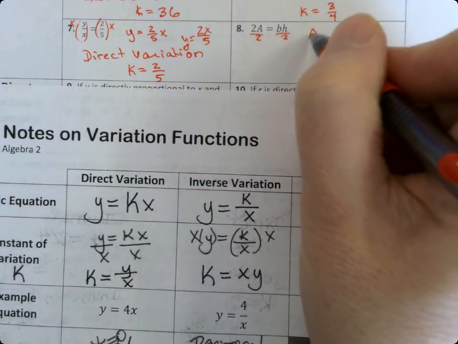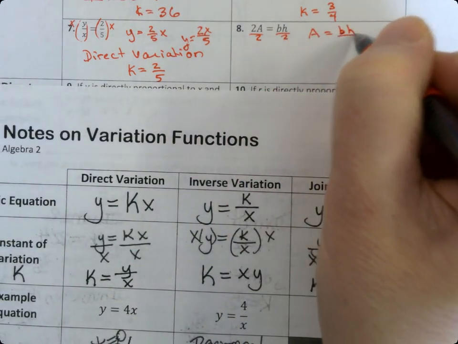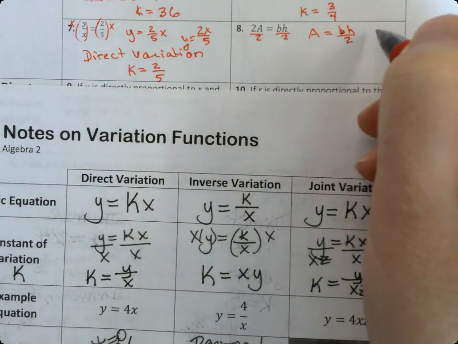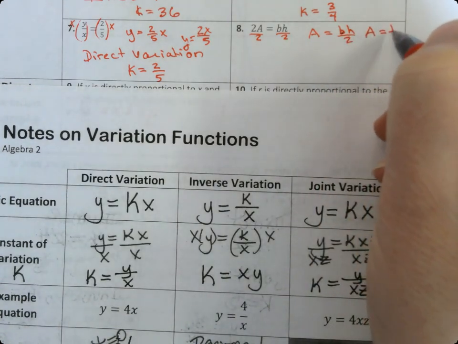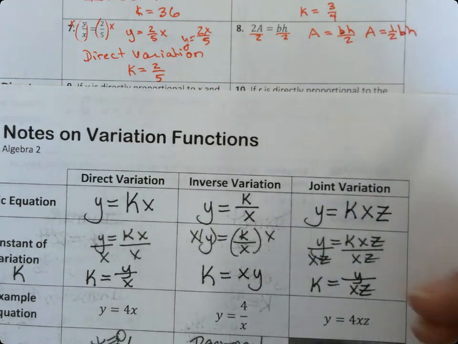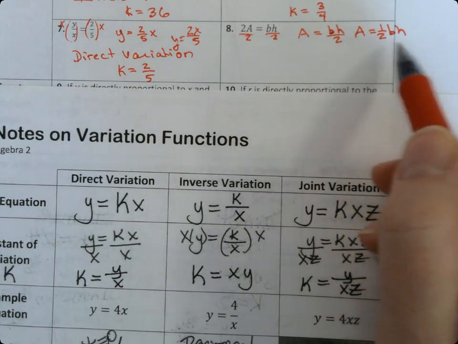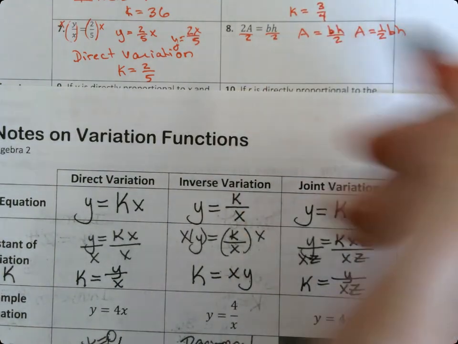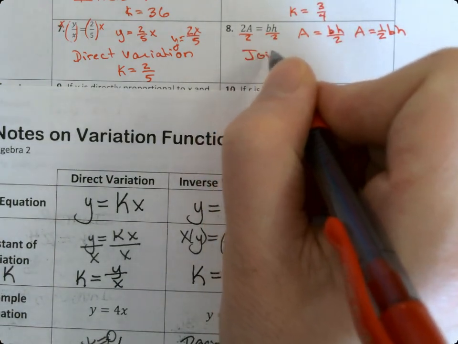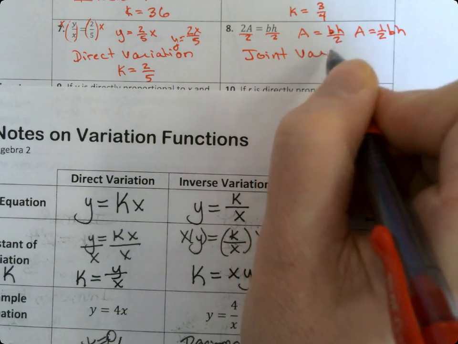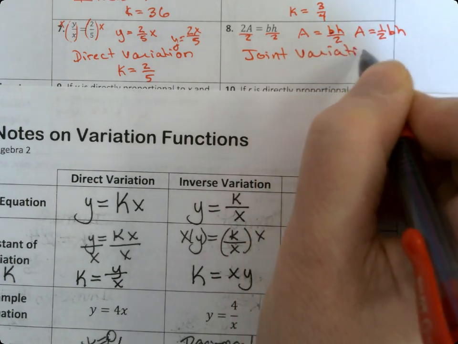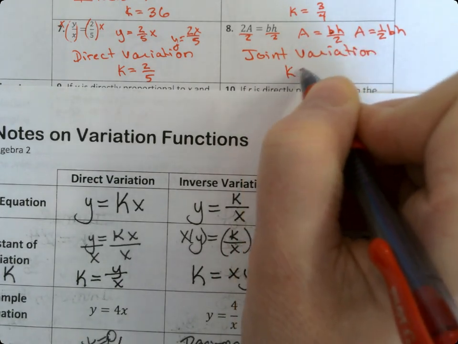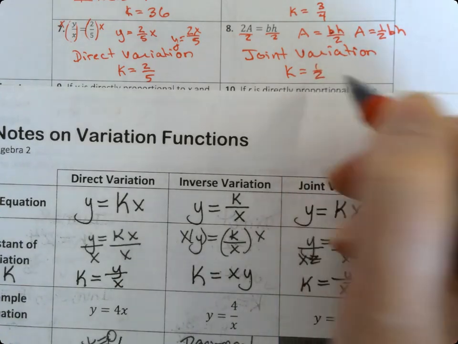If you write it as a equals bh over 2, that might throw you. Couldn't I write it as a equals 1/2 times b times h? And so the a is like my y, the b is like x, and the h is like z. So this would be a joint variation. And what is k? 1/2. Well, that was fun.